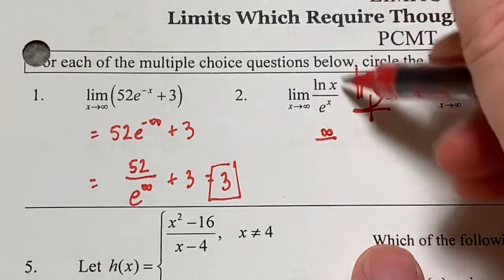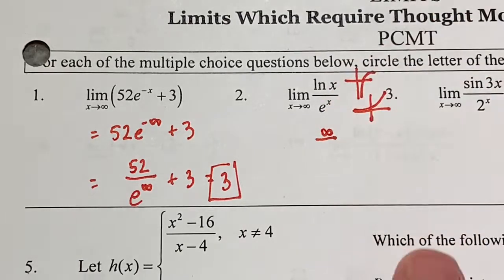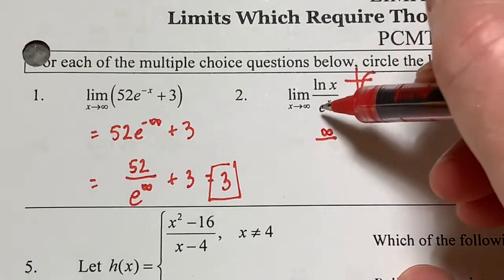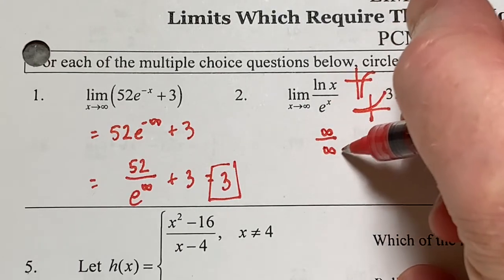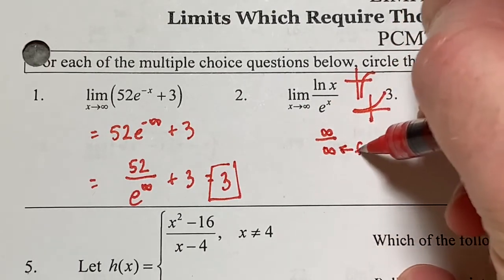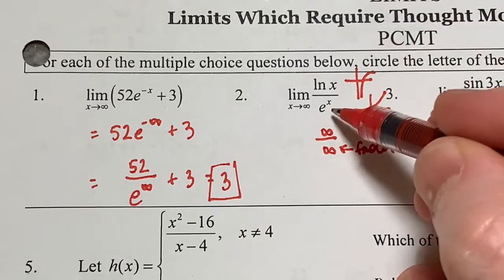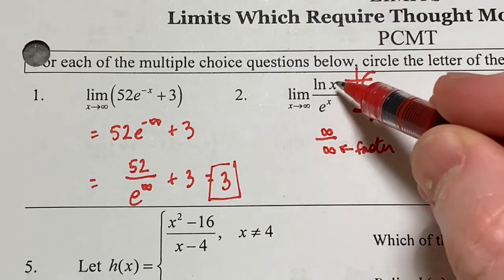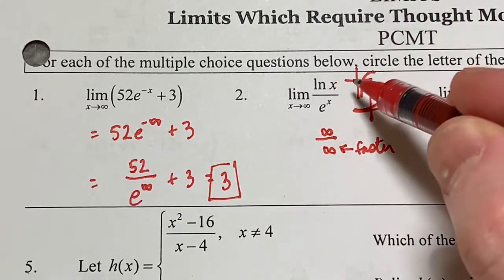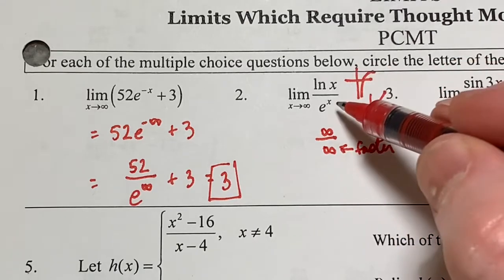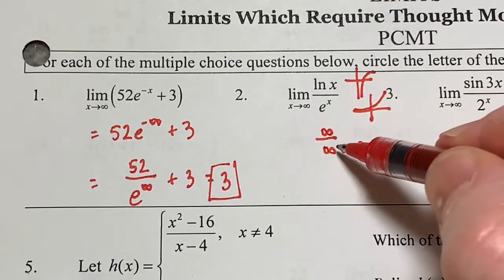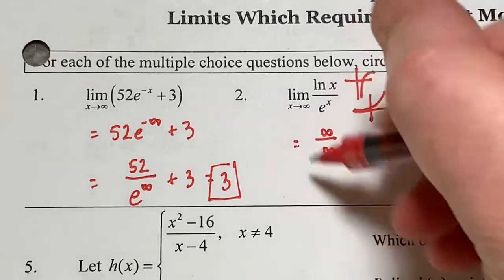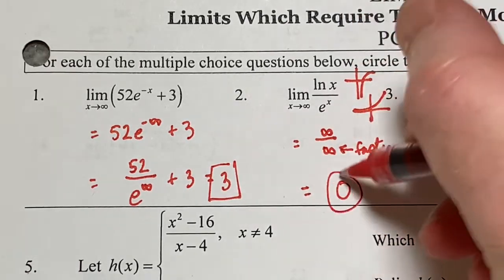So the actual fraction, who knows what that graph looks like, but I do know that this particular one is growing fastest. It's a faster infinity, because exponential is going to outgrow any of the other power functions, natural log functions, anything else other than perhaps another power function. So because this is growing faster in the denominator, I know that this is approaching a 0.